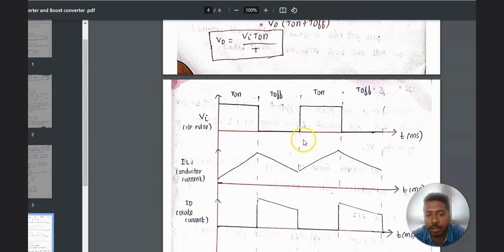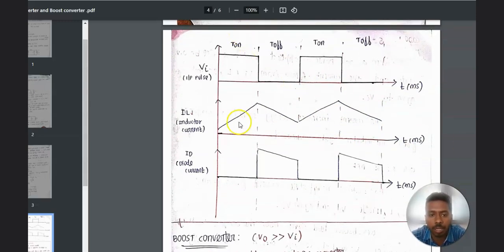We have drawn this for two cycles. One T on and one T off make one cycle. Another T on and T off make another cycle. When the switch is on, the inductor charges. When the switch is released, the inductor discharges.